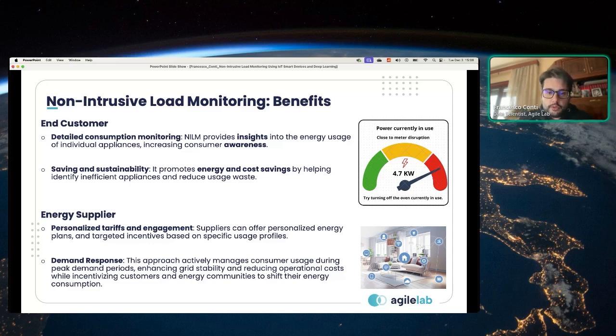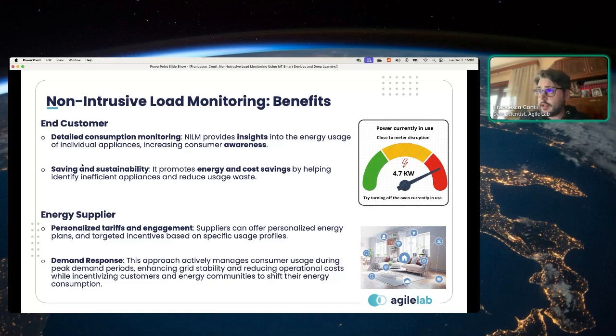And this is good because imagine providing users with a smartphone application, for example, to monitor their appliances. This kind of applications can spread awareness among people, helping them understand where the energy goes.